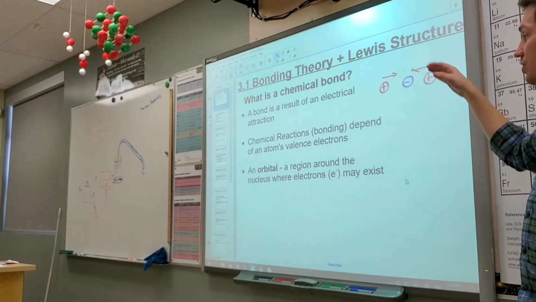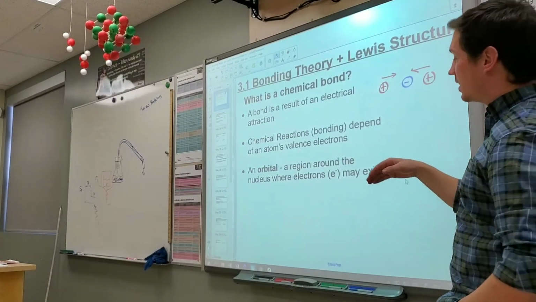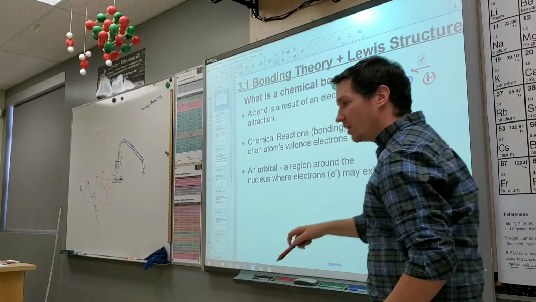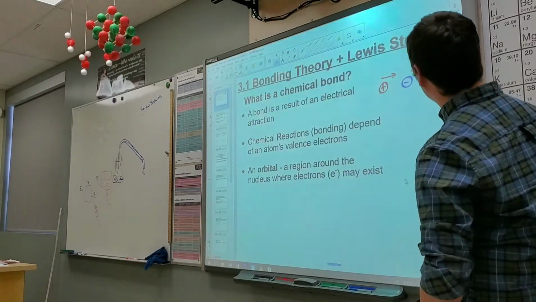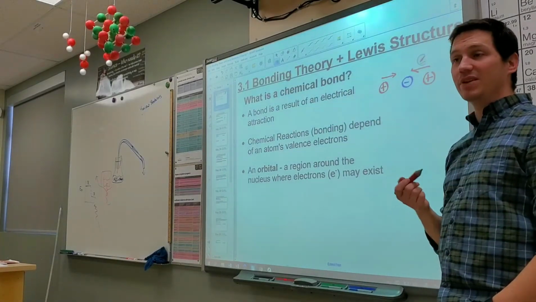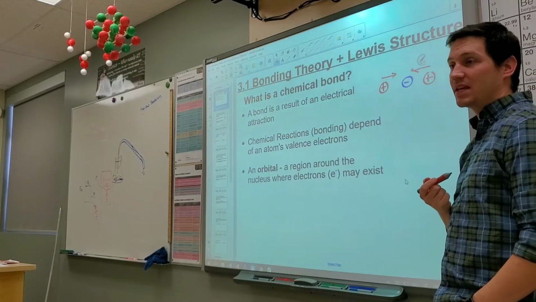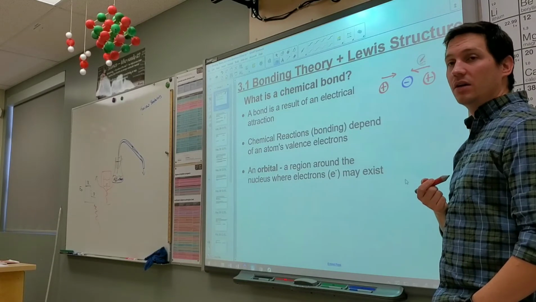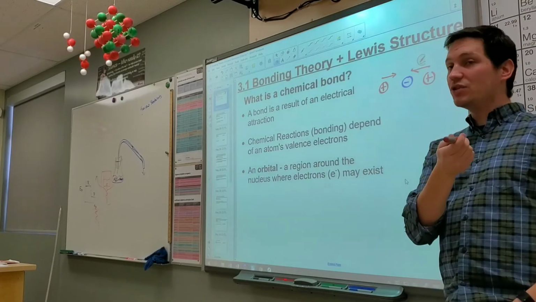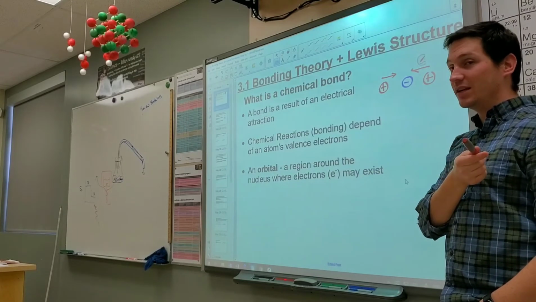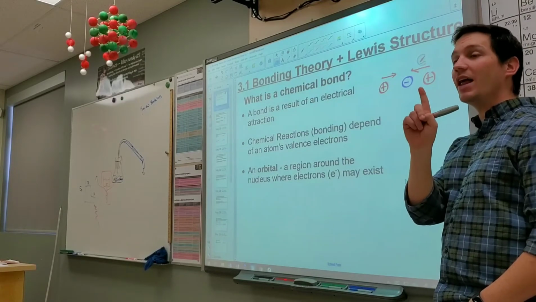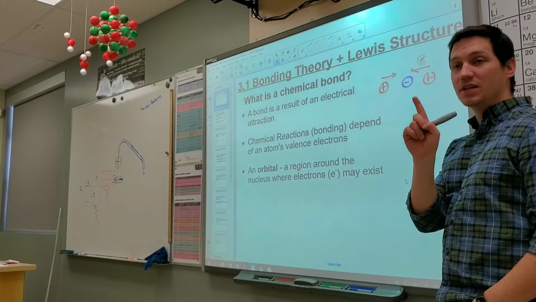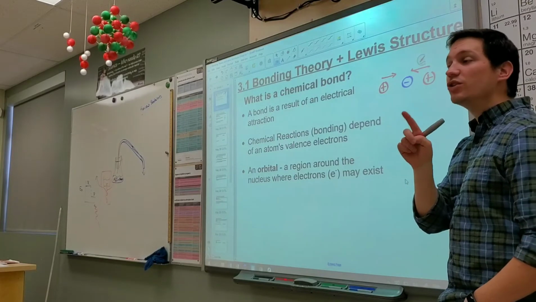Let's take a look at two atoms. What's the simplest element you can think of? H2O is pretty complicated, actually. What's the simplest single atom? A hydrogen atom. Let's look at a hydrogen atom.